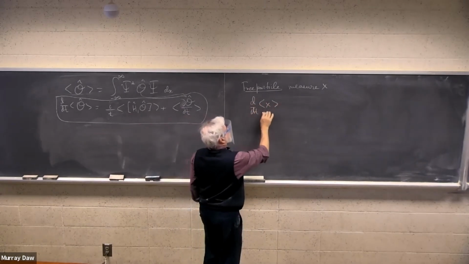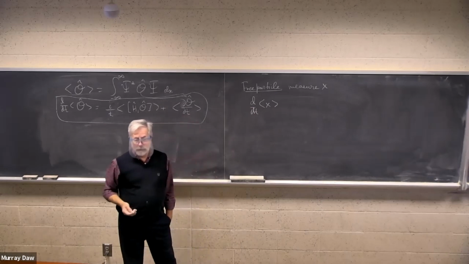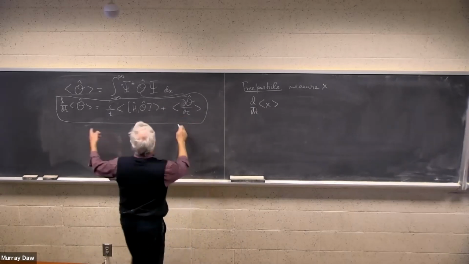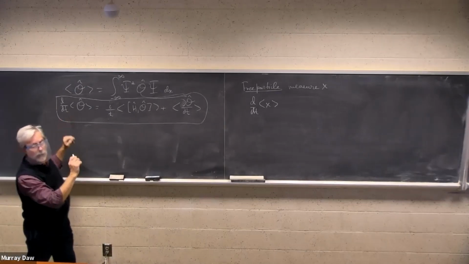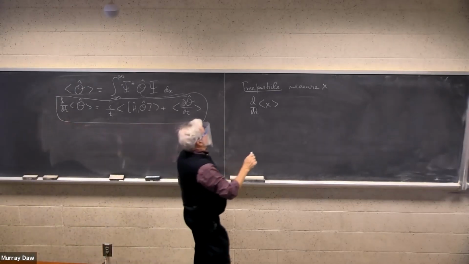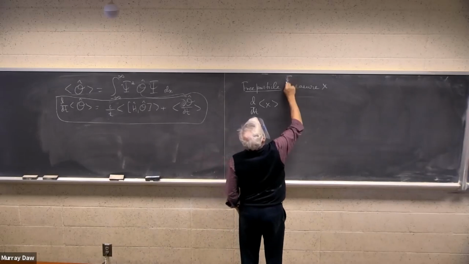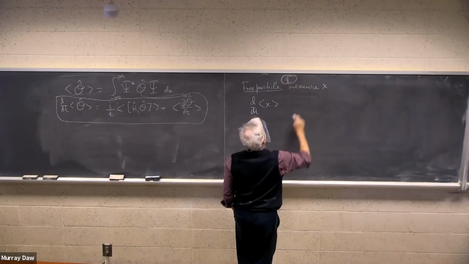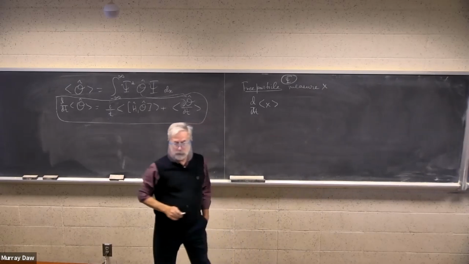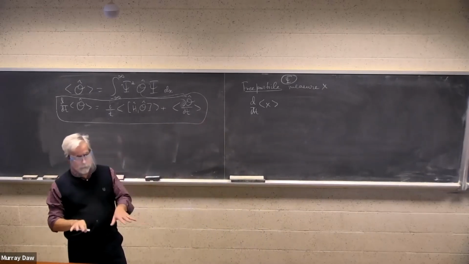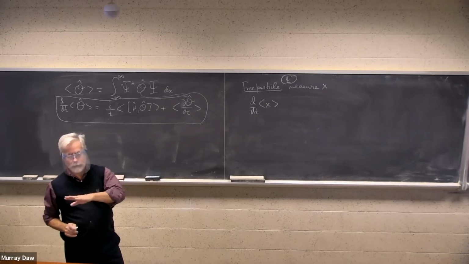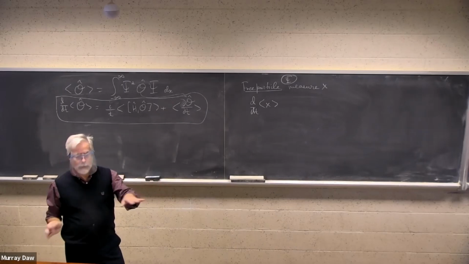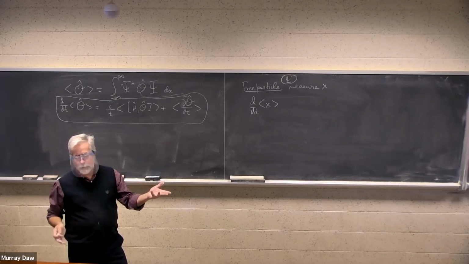This implies that we have prepared it in some state psi. This doesn't depend on psi, right? This is true for any psi, so I can just pick some psi. Free particle in state psi, measure x. So this is the time derivative of the ensemble average. And the way it works is what I just said. Half of you do it after 5 seconds, the other half does it at 5.1 seconds. Take the difference and divide by 0.1 seconds.